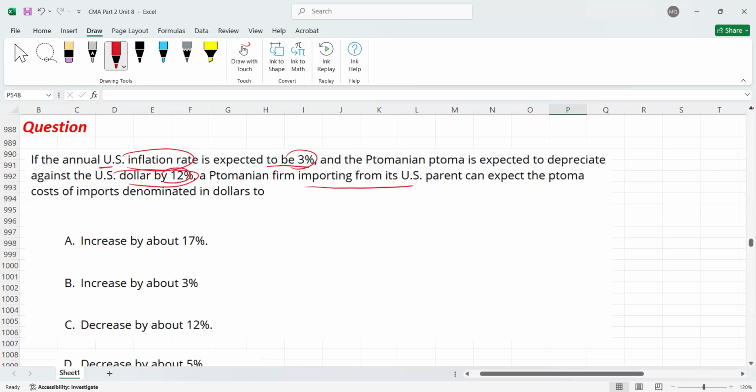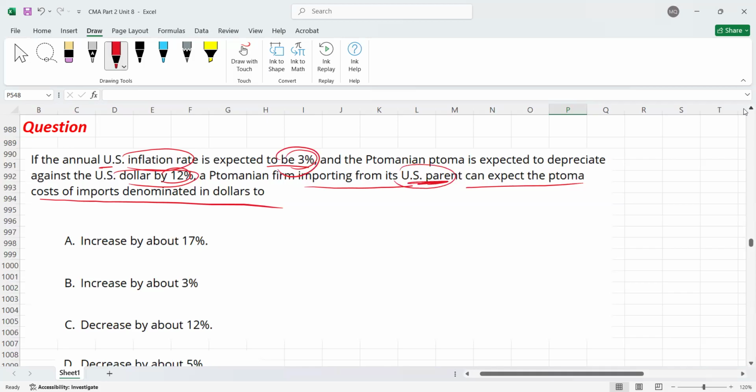Again, a Potomanian firm importing from its US parent, say we have one parent company in the US, so we are importing goods from there. Simply, we are importing goods from the USA. It can expect the Potama cost of imports denominated in dollars to change. Going through the question one more time: we are buying goods from the USA and there is inflation in the USA of 3%.